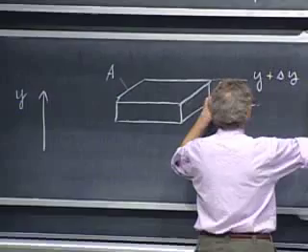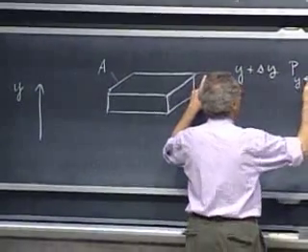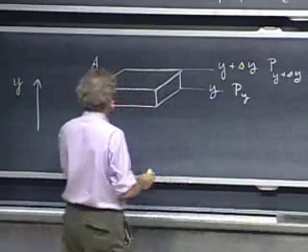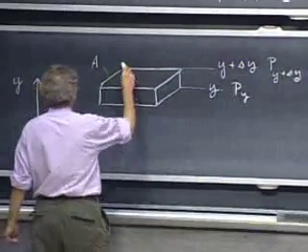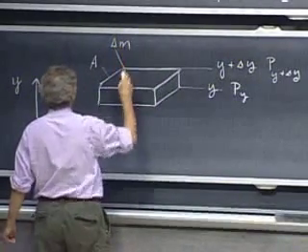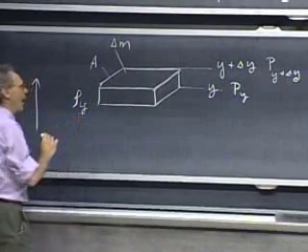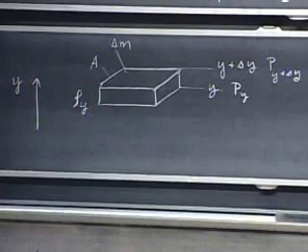And the pressure here is p of y plus delta y, and the pressure here is p of y. And this object has a mass delta m. And the liquid has a density rho, which could be a function of y. We will leave that open for now.